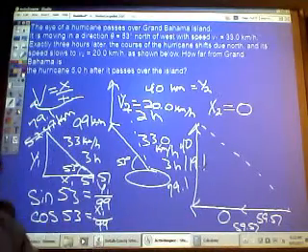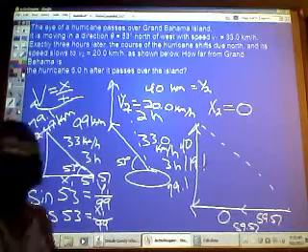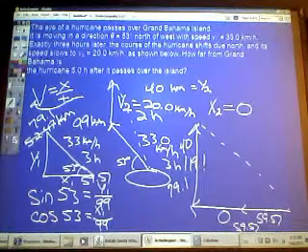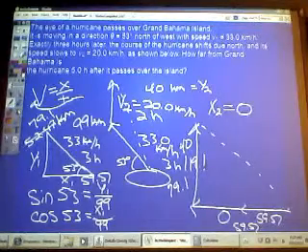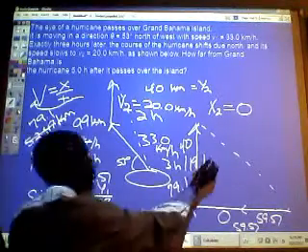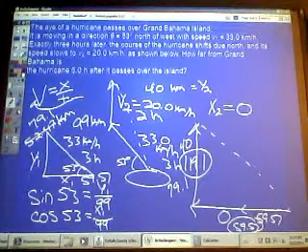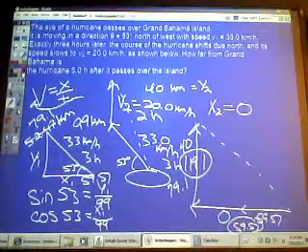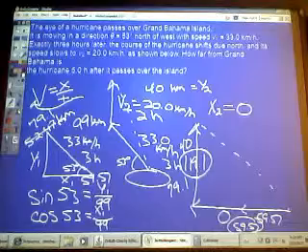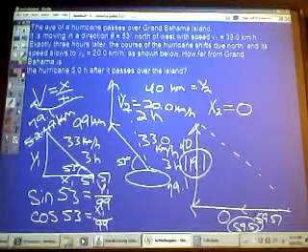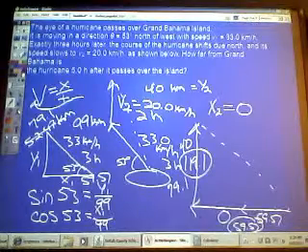What can I use now to find the displacement? You're doing the Pythagorean theorem, like you would do any triangle.